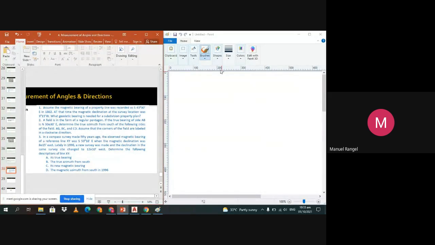So the magnetic property, let's draw it. So we have the true meridian, and the assumed magnetic bearing of the property line was recorded south 4 degrees east.